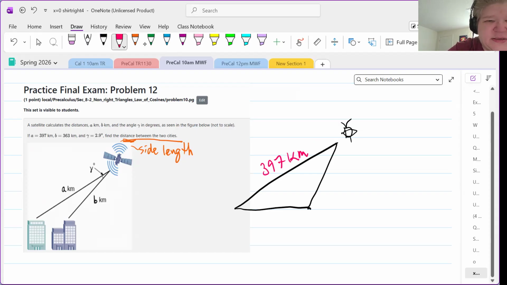It pings another city and it gets 363 kilometers. And it can measure the angular distance between the two that it sweeps, and it measures this as 2.9 degrees. And it wants to know, find the distance between the two cities. So that's our unknown.